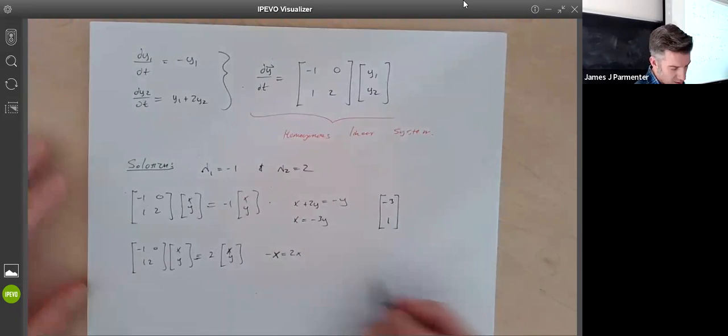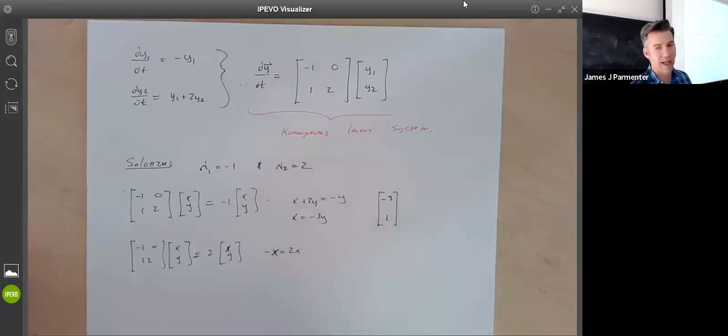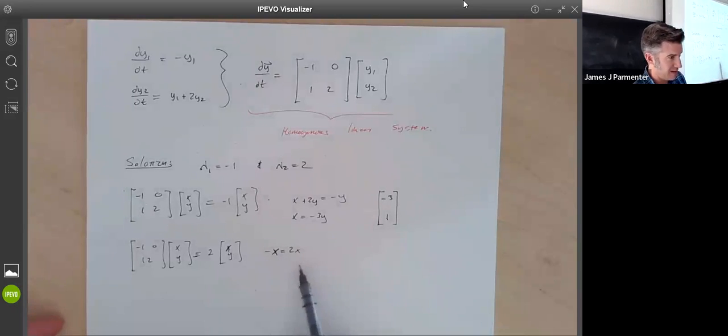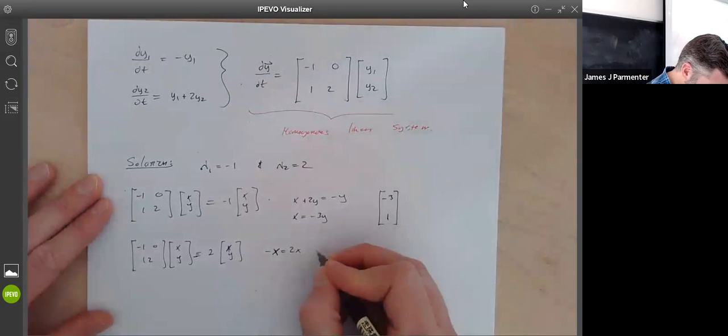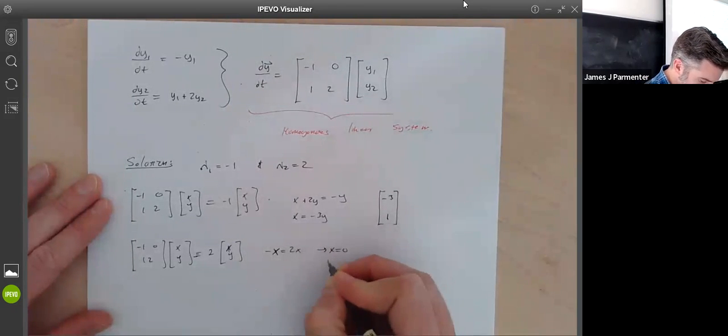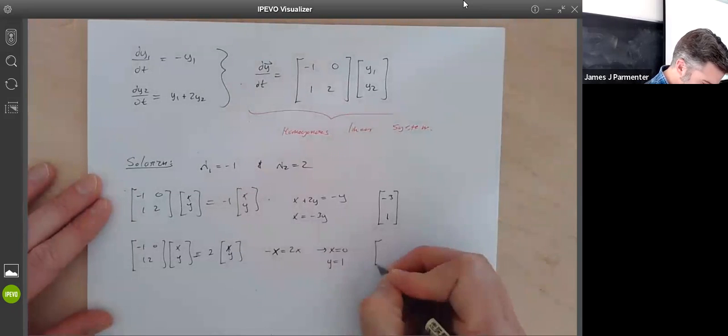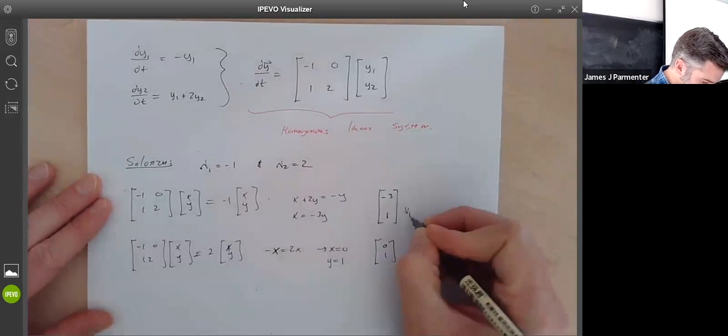Zero. You can also add x to both sides, right? But I like being able to see that if you have something times x equal to something else times x, the only number where different multiples of it end up being the same is the number 0. So we get x equal to 0, which means y can be anything. We usually pick 1. So there are my eigenvectors.